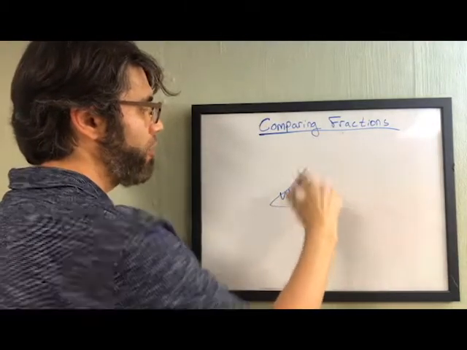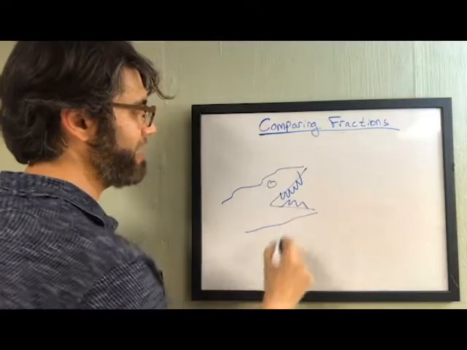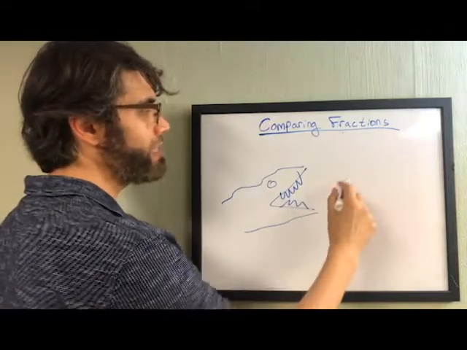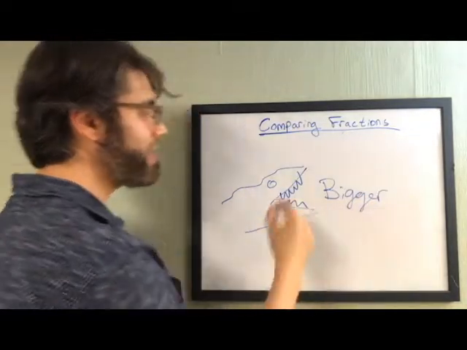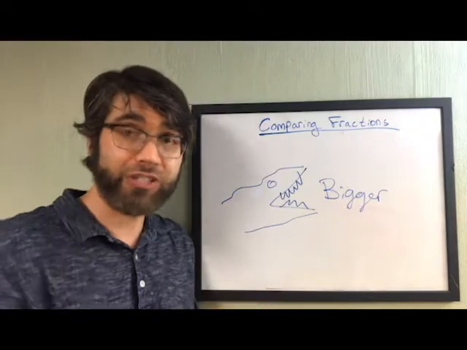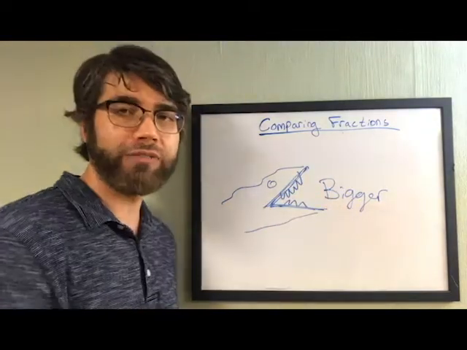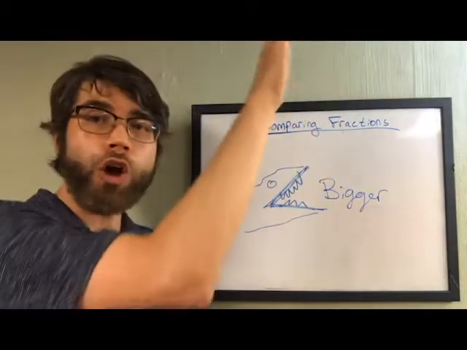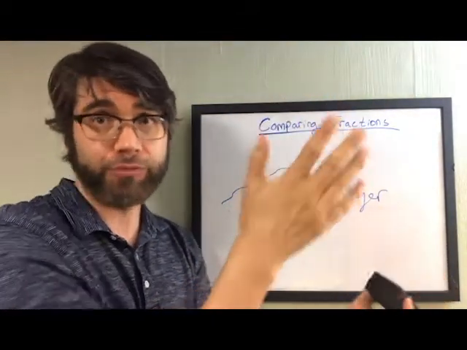Alligators always like to eat bigger things, don't they? Wouldn't an alligator like to have a bigger fish than a smaller fish? So the openness of this inequality symbol is always going to be open to the number that has a greater value, okay?